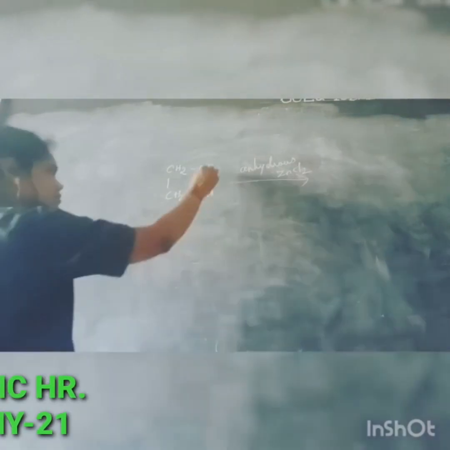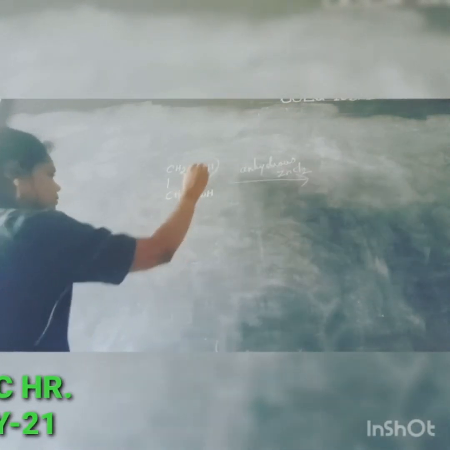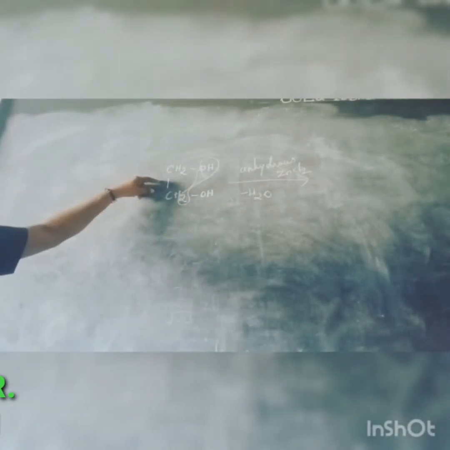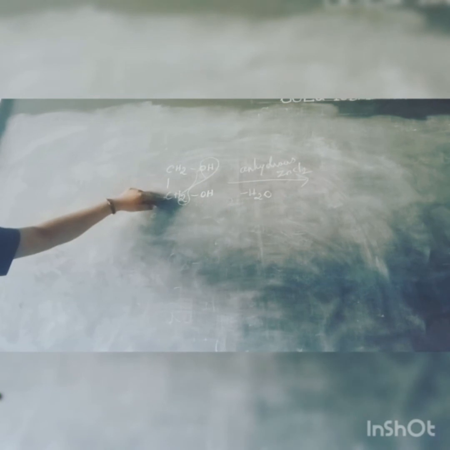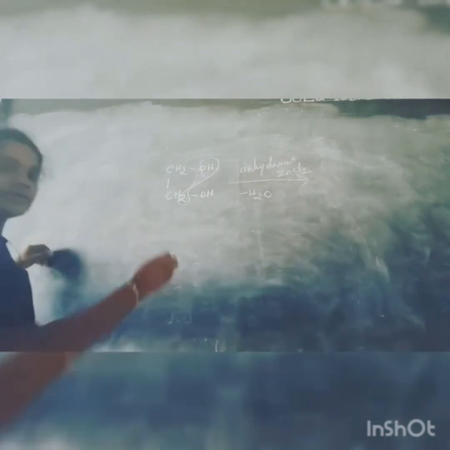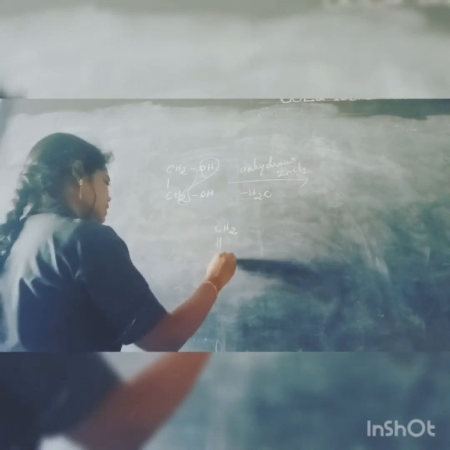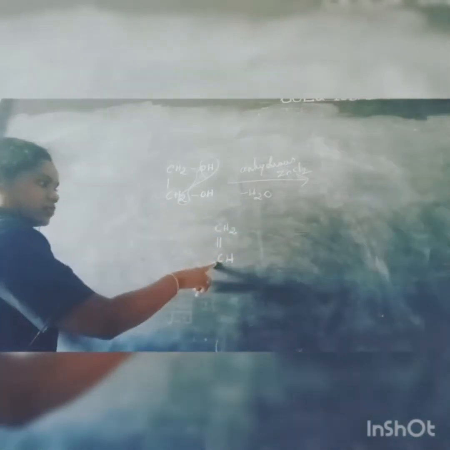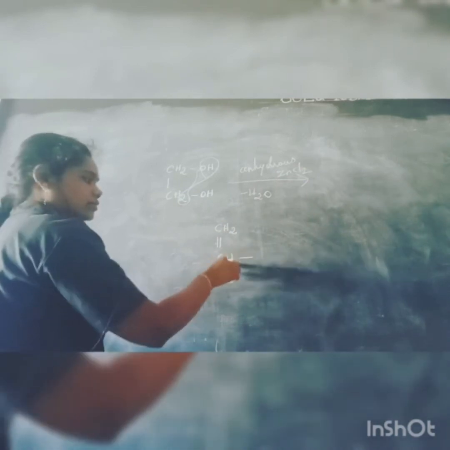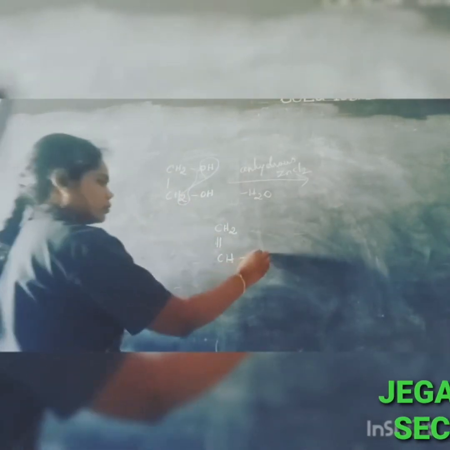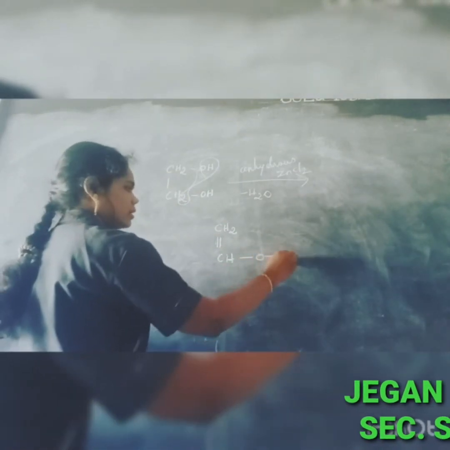So here OH and this hydrogen, minus H2O. So what is formed here? CH2, double bond CH, OH, because carbon valence is 4. So here bonds 1, 2, 3, 4. And what is remaining? OH.